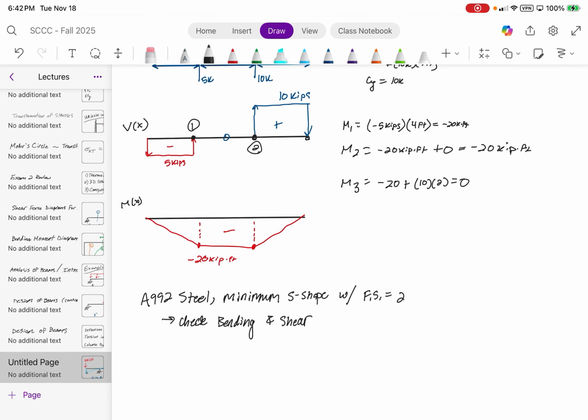Check shear? Yeah, when you design a beam, you have to check both. Because unlike bending failures, shear failures are usually instantaneous and very scary.